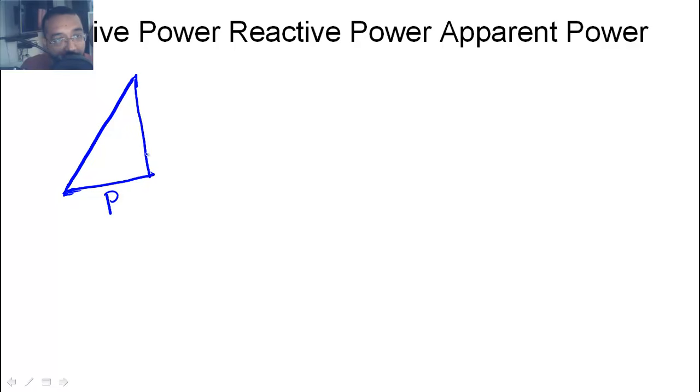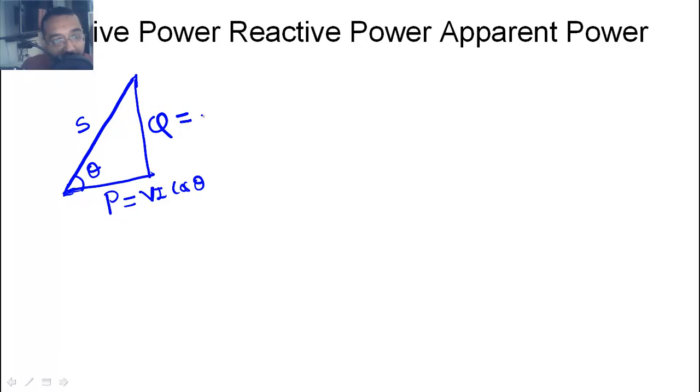This is your active power P, this is your reactive power Q, this is your apparent power S, and this is the angle theta, you can say. Okay, so now see what happens. The formula of the active power is VI cos theta.